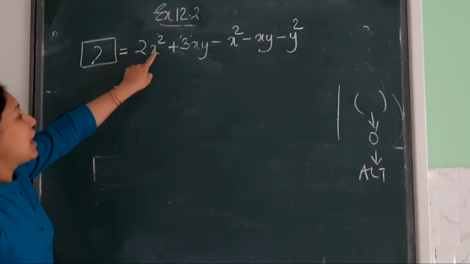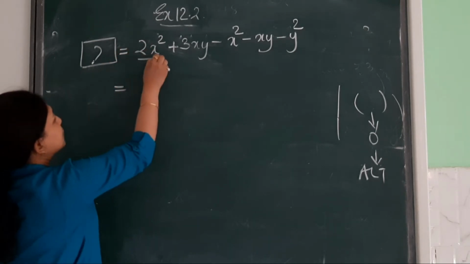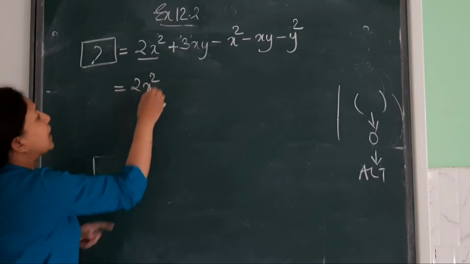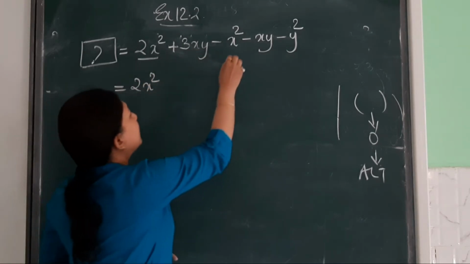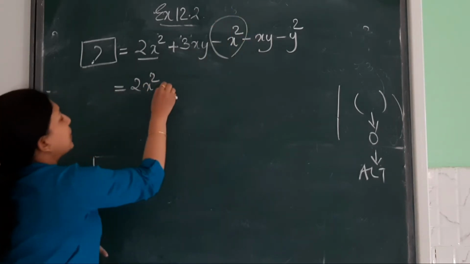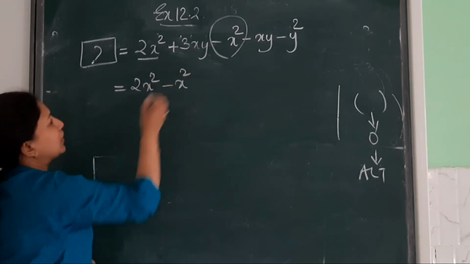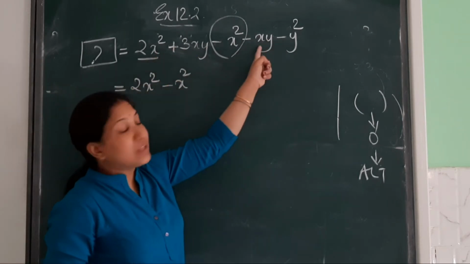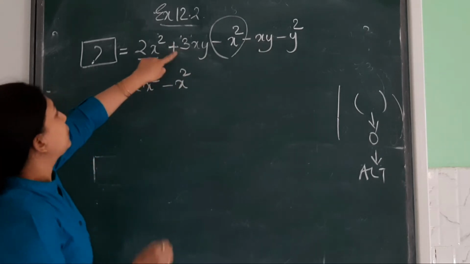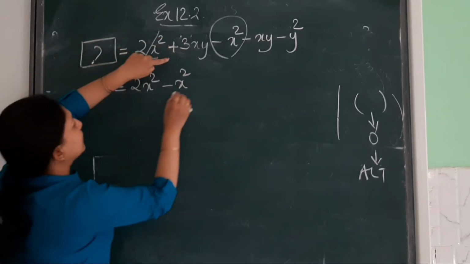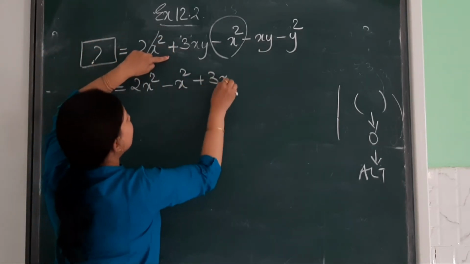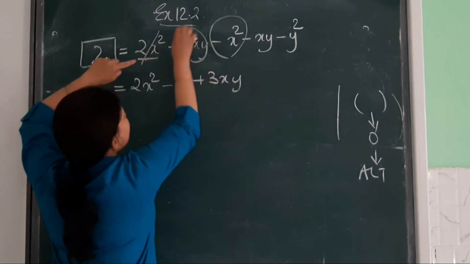Let's check x square. See, x square, here do I have any other term with x square? Yes. Copy it with sign, x square. Any other term with x square? No. Move to the next one. This also we have taken. This is 3xy. Any other term?